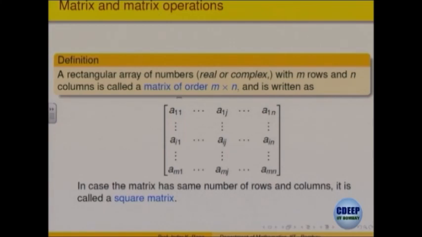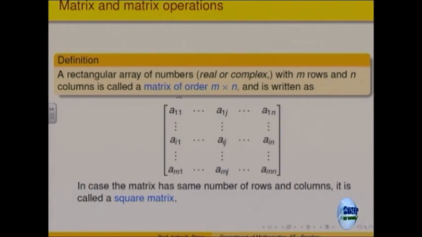So, basically what we are saying is, to represent a system of linear equations, a rectangular array of numbers becomes important. So, we start defining, because this is going to come again and again, it motivates a definition in mathematics, namely a rectangular array of numbers, they could be real or complex.